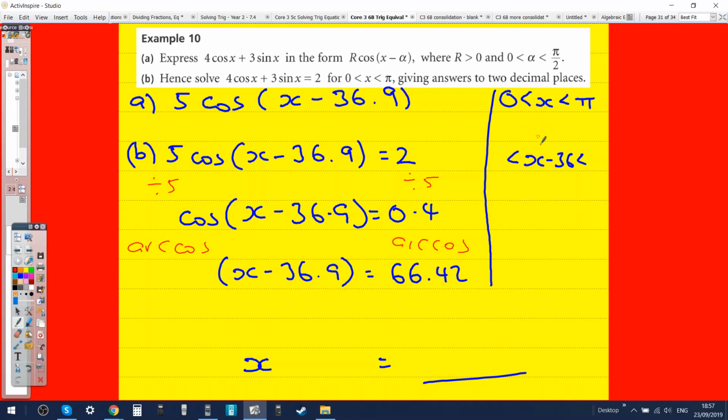To go from x to x minus 36.9, you'd have to subtract 36.9. Yeah. And so what is x minus 36.9 between? Minus 36.9 and pi minus 36.9. Yes. And so we would find all of the solutions at this point. So this is one solution, 66.42.